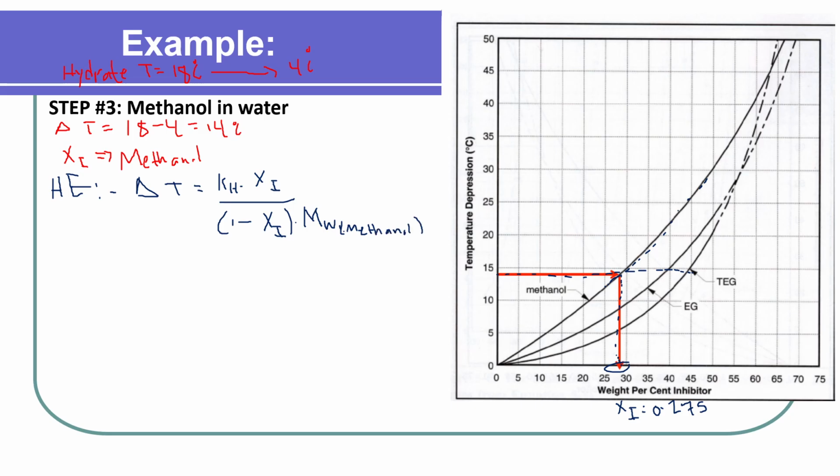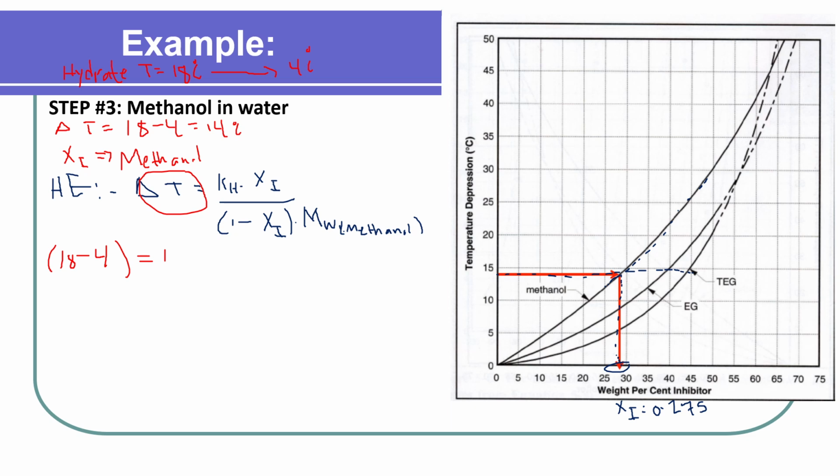Okay, so now how many pieces of information do we know? Do we know delta T? Delta T is given: 18 minus 4. So this is delta T equal to KH. How much is the KH of methanol?